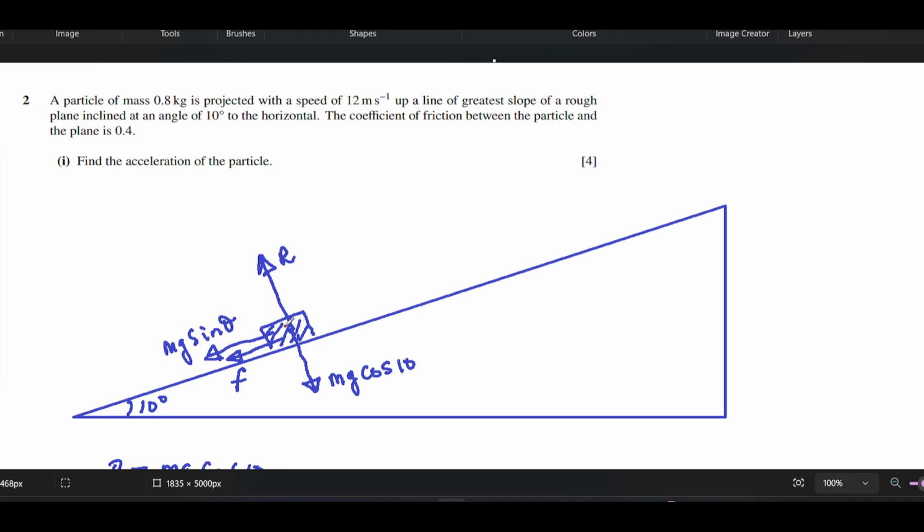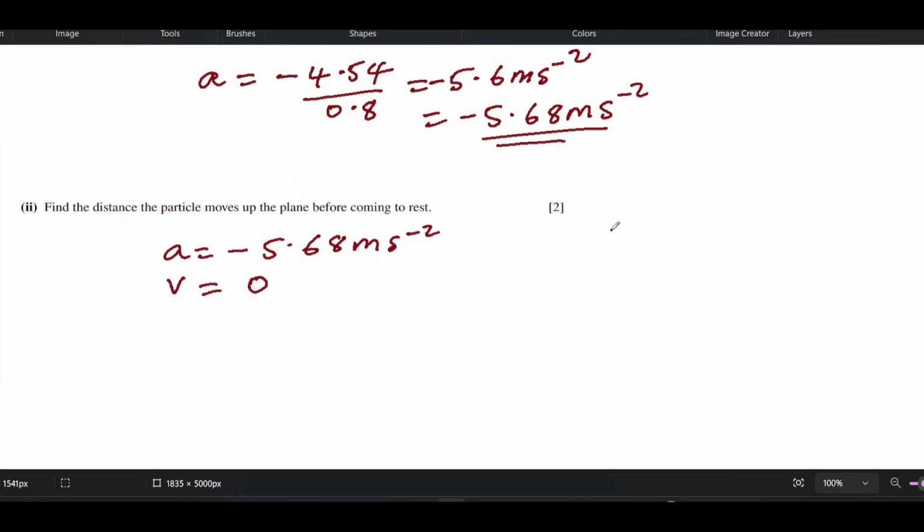So we have the value of u as 12 meters per second. Now, we are interested in s. And among the suvat equations, the most appropriate one to use is going to be v squared equals u squared plus 2as, because it has nothing to do with time and no time has been given here.